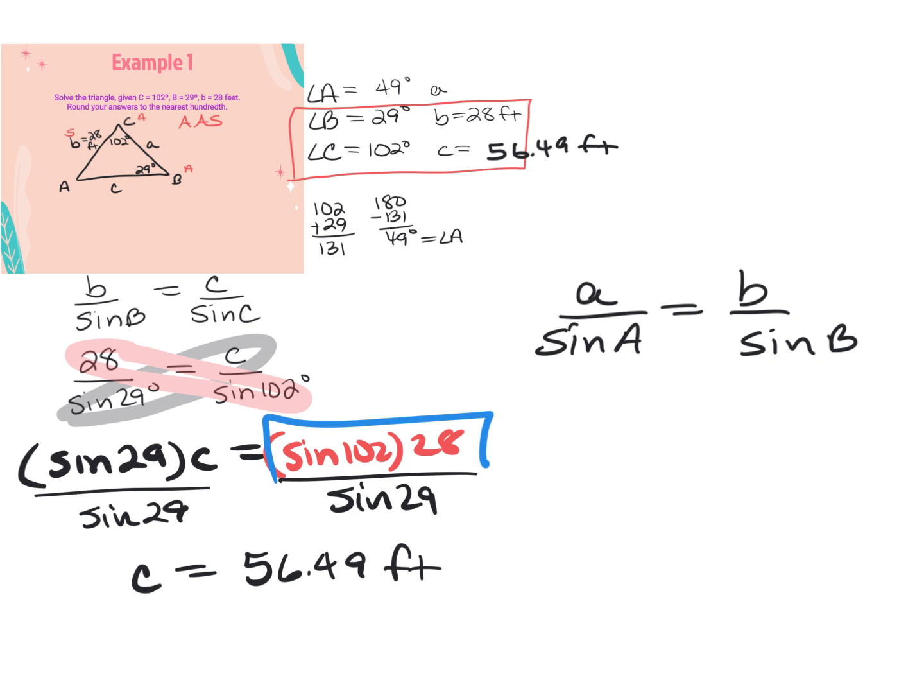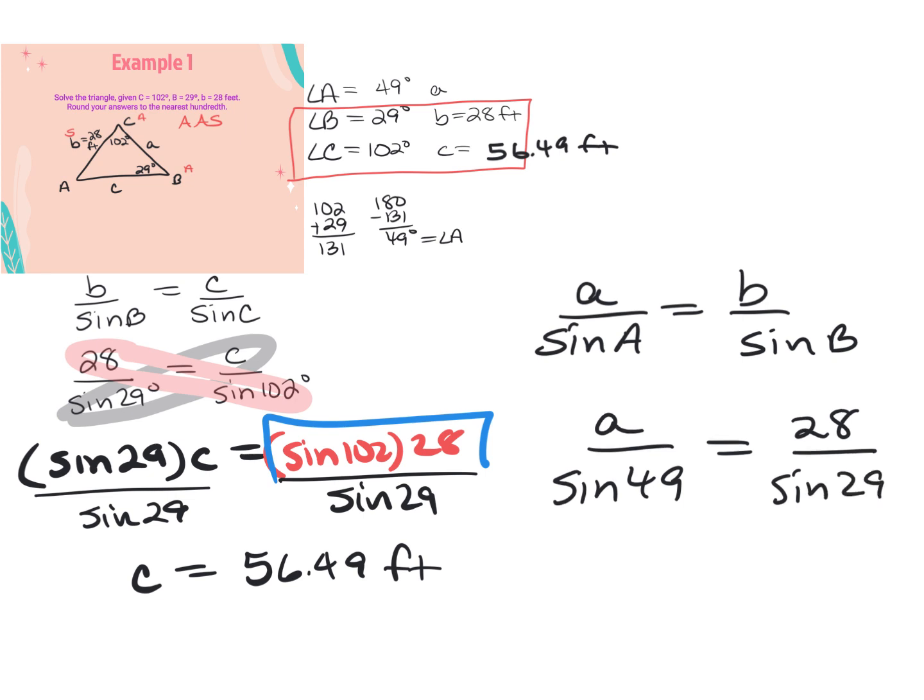So you're better off going back and using the B information. So I'm solving for little a. I have angle A, that was 49. Lowercase b was given to me, 28. And angle B was given to me, 29.